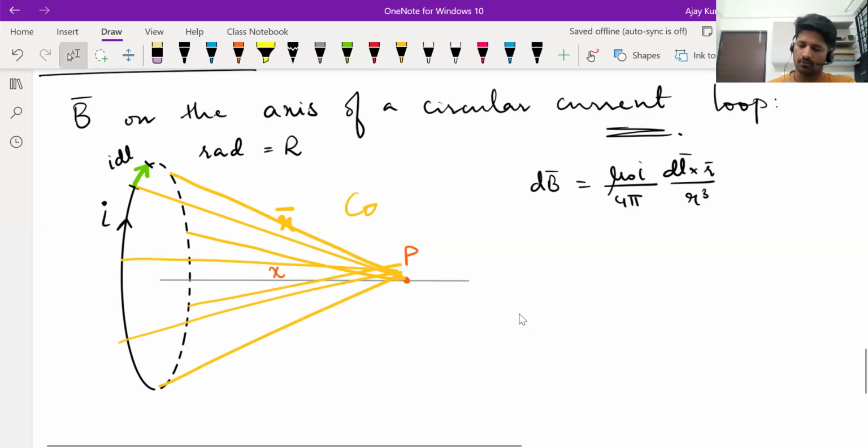They form a cone. Okay, the ring is like the base of the cone. That circular loop is like the base of the cone, and that point P is the apex or vertex, whatever you call it. Fine. Any line you draw from the edge of the base to that point P will have the same length.